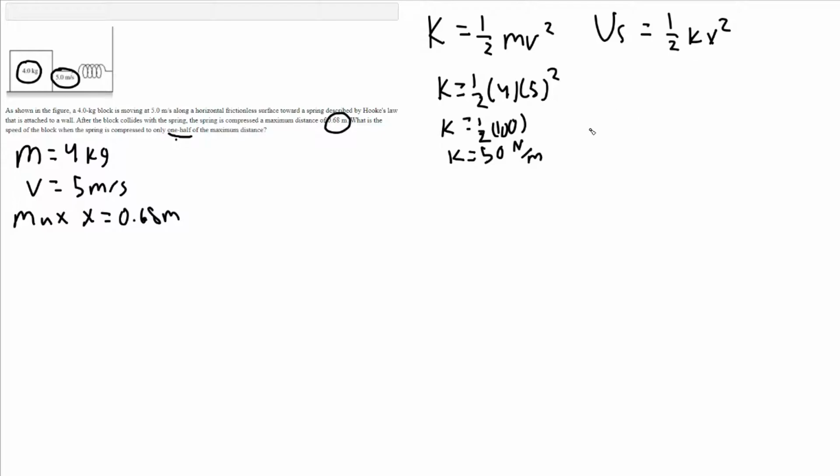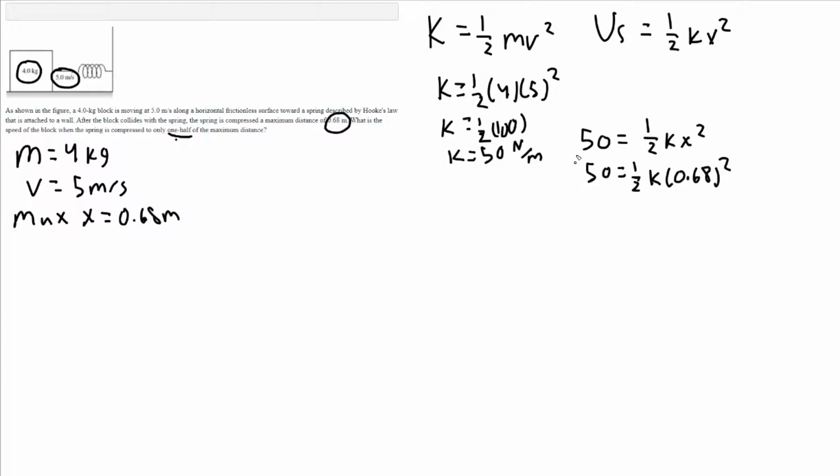So 50 is equal to 1/2 kx squared. 50 is equal to 1/2 k, that's the value we don't know yet, because this is for the final, times 0.68 squared. 0.68 is our x.